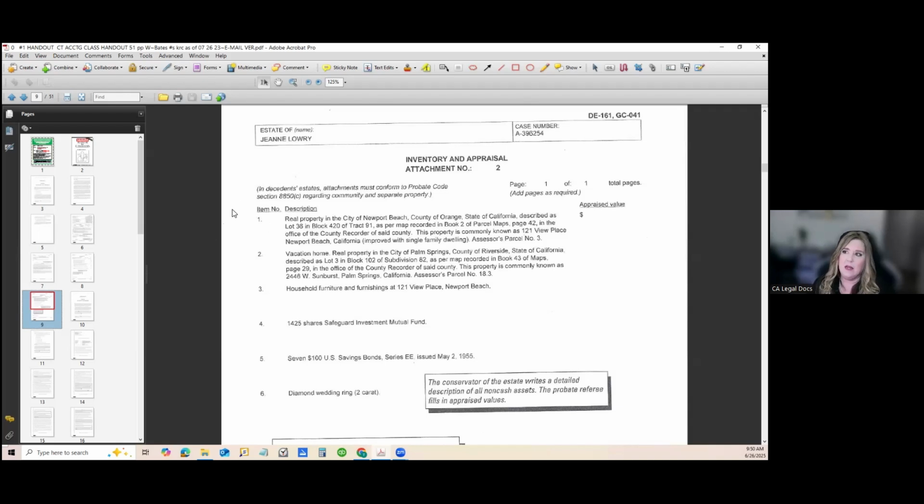A lot of times they'll hold the administrator of a probate responsible for these items because you listed on the inventory and appraisal all this furniture and furnishings, and now you're saying it's all gone. What happened to it? It's their right to ask what happened to it.